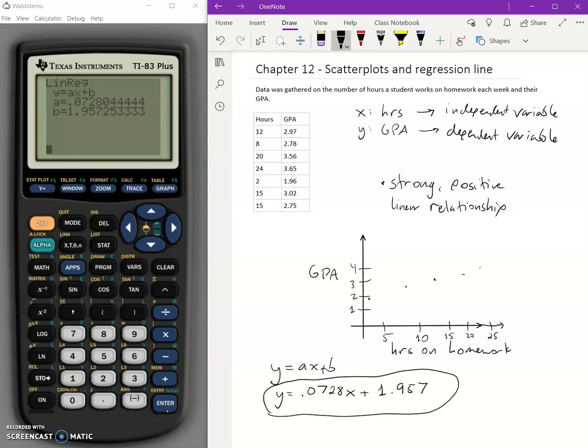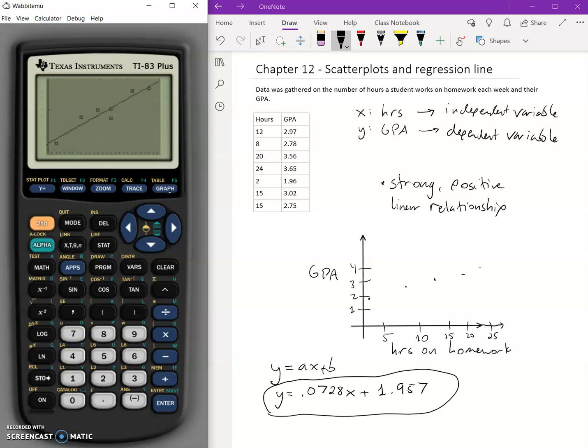So if we go back over to y equals, we can enter this line into our calculator. 0.0728 times x plus 1.957, and we can graph this.